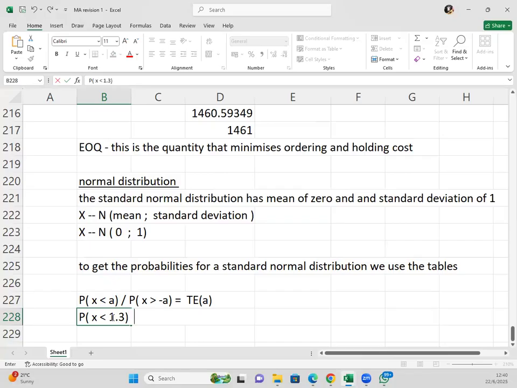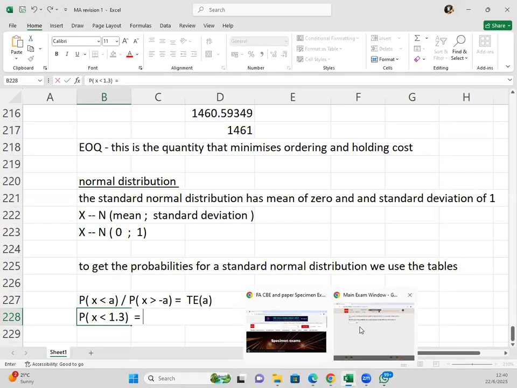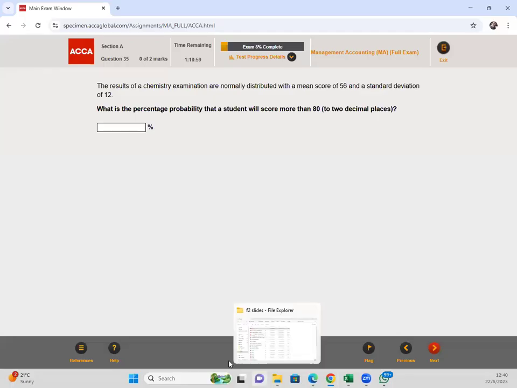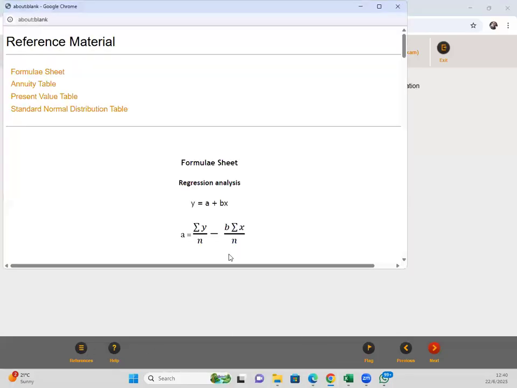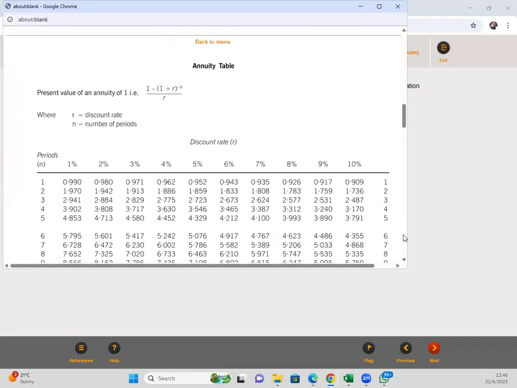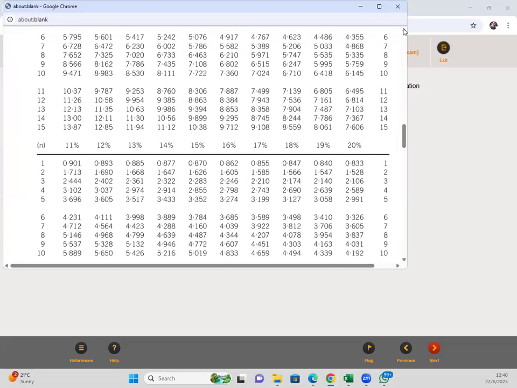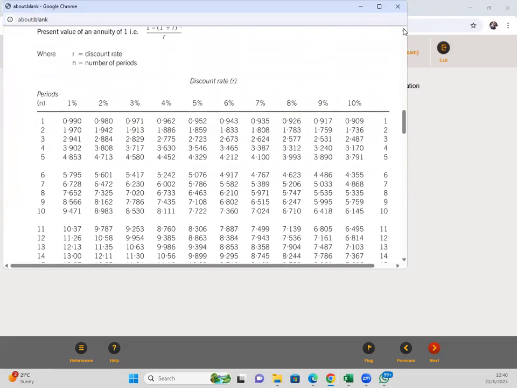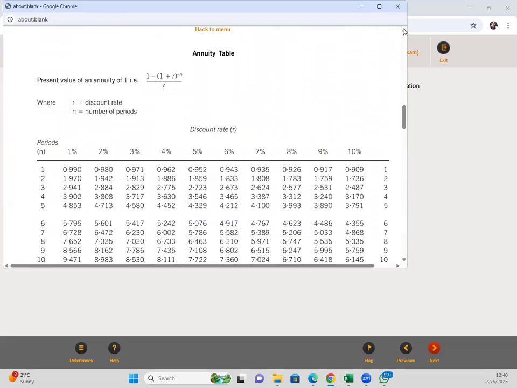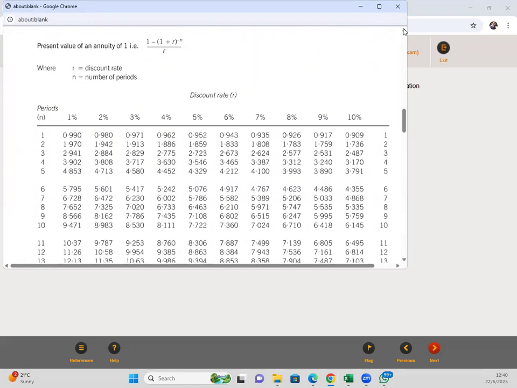If it's less than 1.3, you go to your tables, the normal distribution tables. Why am I taking time with this? I think a lot of you have mentioned that you are facing challenges on that one, so I need to take it slow.